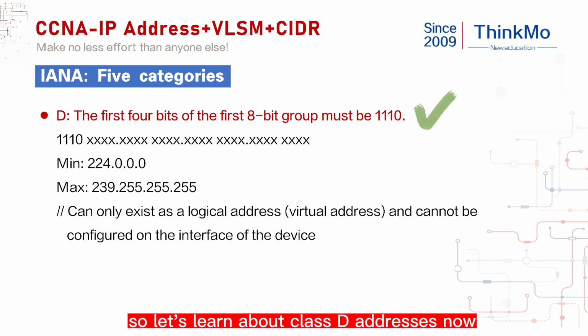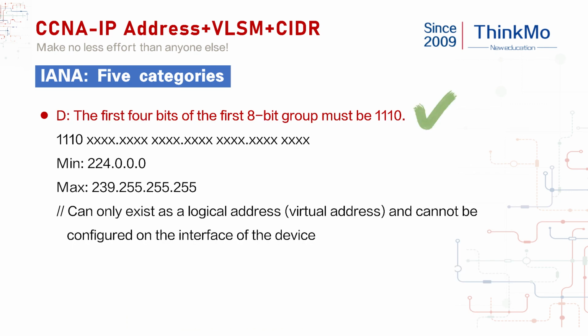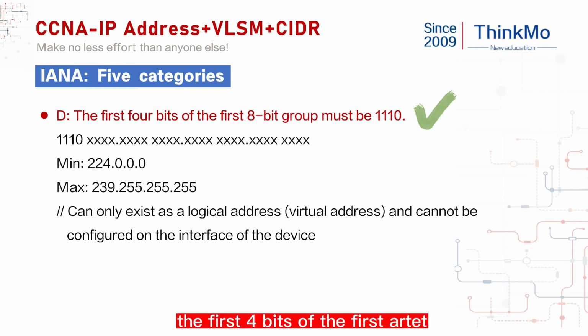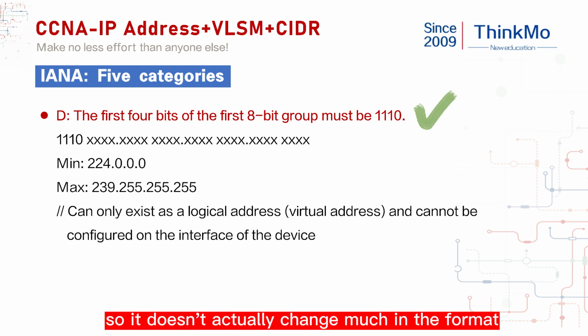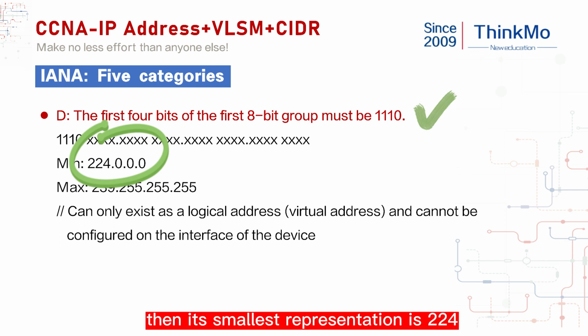So let's learn about Class D addresses now. From the format, it looks the same as the others, because it specifies that the first 4 bits of the first octet must be 1110. So it doesn't actually change much in the format. Its smallest representation is 224.